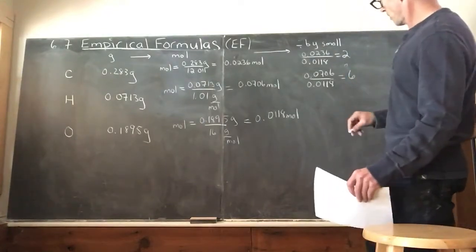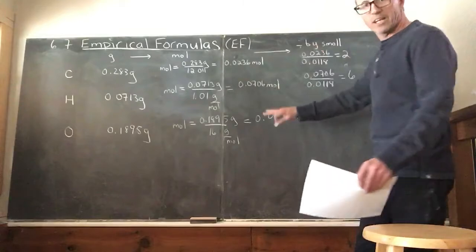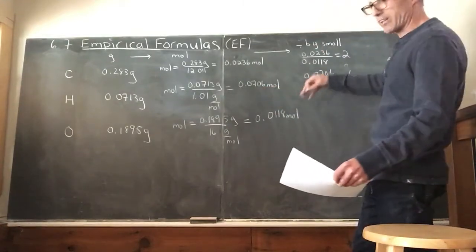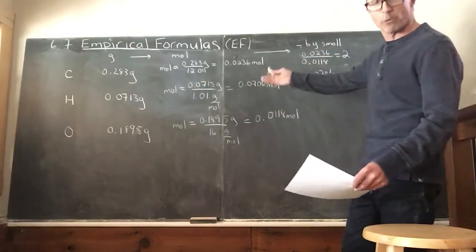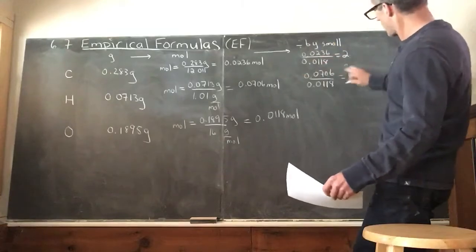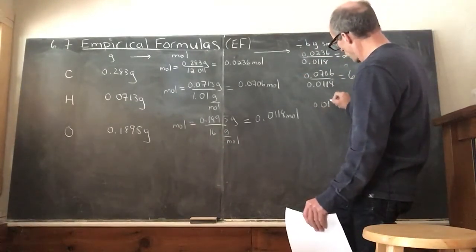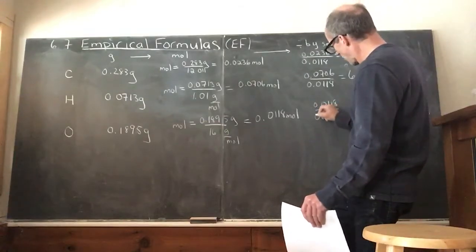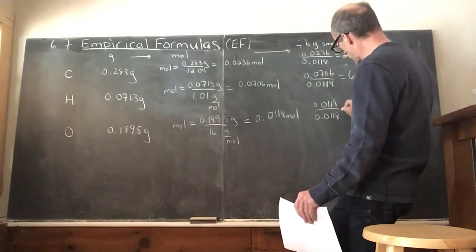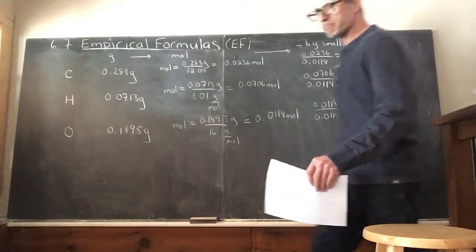Again, close to a whole number. This is experimental data, so sometimes you'll see decimals like 5.98 or 6.01. You can round off a little bit at this point. And finally, 0.0118 over itself, because it is the small number, is 1.